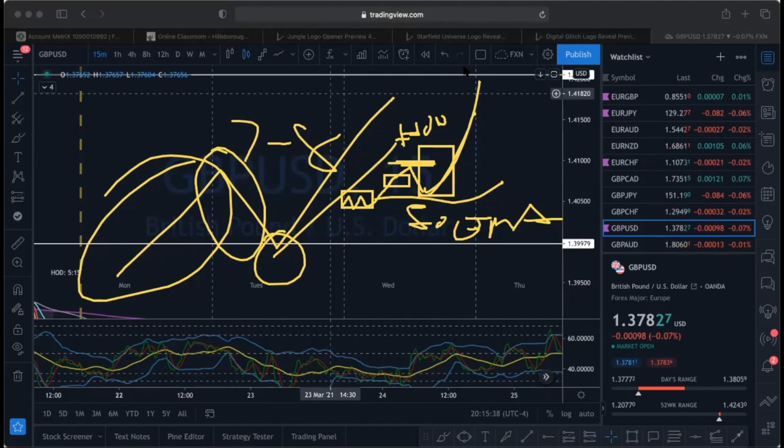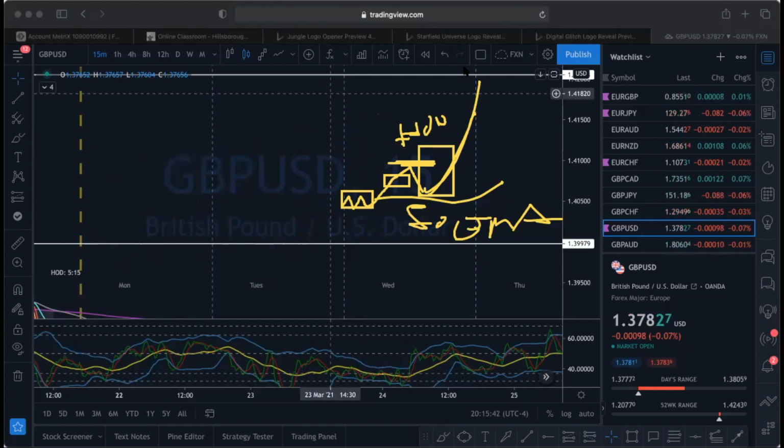That's why you rather will be looking for a continuation, correct? Right, exactly. It wouldn't make sense for you to take a trade on a sell here because your stop loss is just too big. It just doesn't make sense. You're, let's say, 20 pips plus more away from the high of the day.